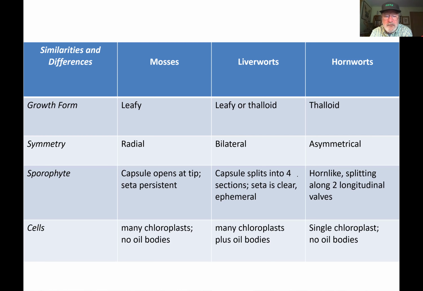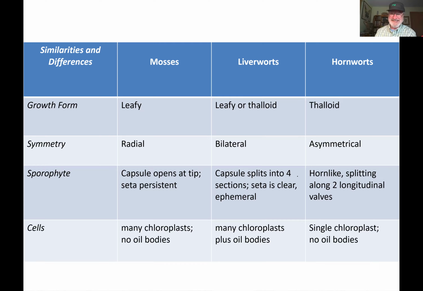But another thing that liverworts have that neither of the other 2 phyla have are oil bodies. These are typically larger than chloroplast organelles, the function of which isn't very well known. But one thing about them is that the oil bodies are helpful in identification.